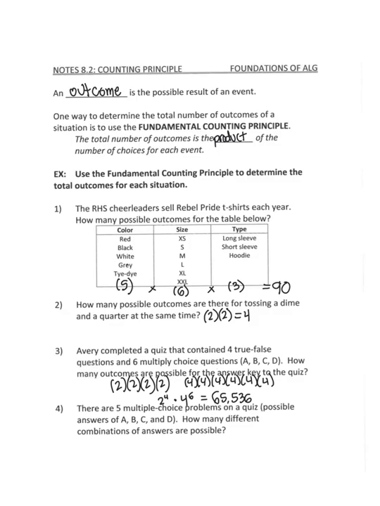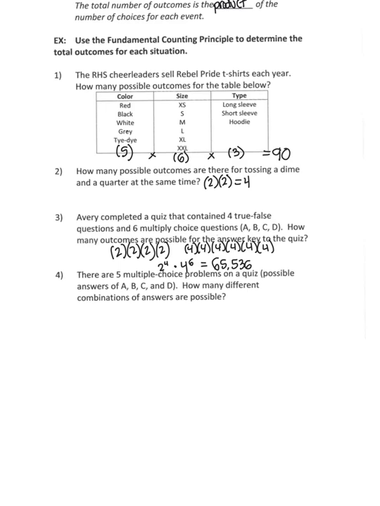For the last question, number 4, it says there are 5 multiple choice problems on a quiz, with possible answers of A, B, C, or D. How many combinations of answers are possible? This is just like the last one. If I have 5 questions and each of those questions has 4 different outcomes, I would have 4 to the 5th power, or 4 times 4 times 4 times 4 times 4.